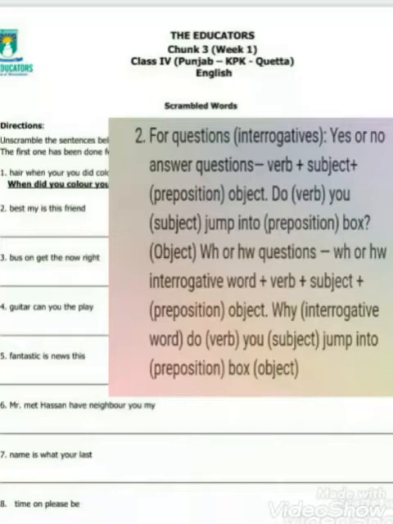WH or HW questions: interrogative word plus verb, subject, preposition, object. For example, why do you jump into box?